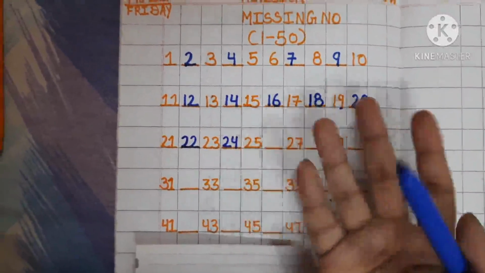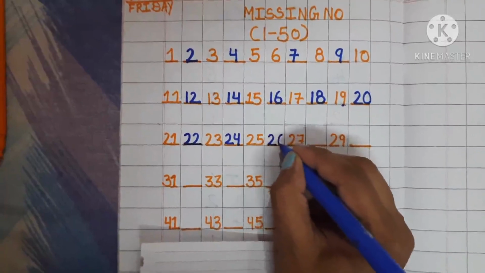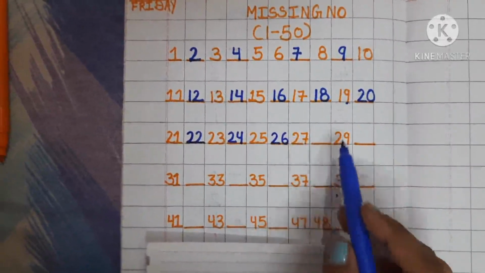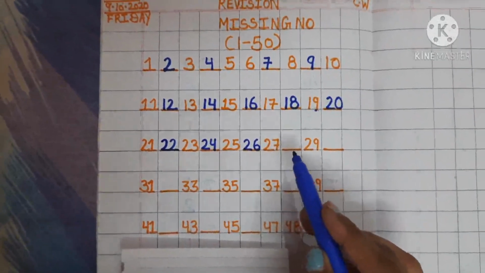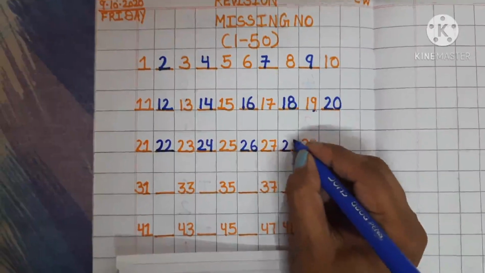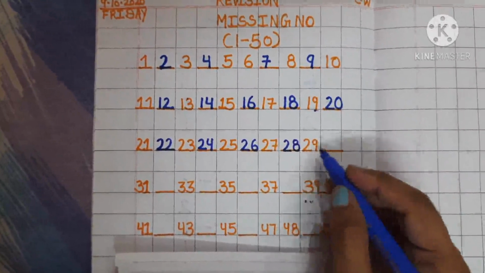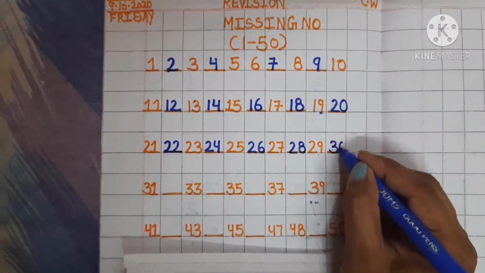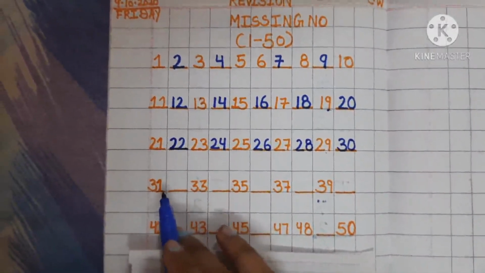Which number is missing here? 26. 26 after what will you write? 27. 27 after what will you write? Which number is missing? 28. After what will you write? 29. 29 after which number is missing? 30. Now come to the next line.